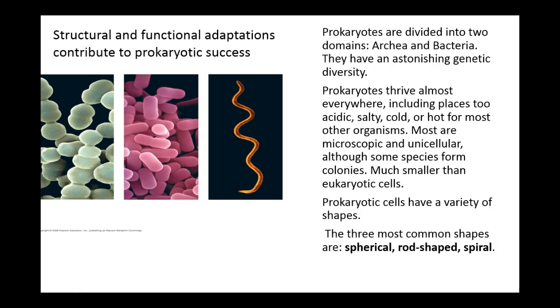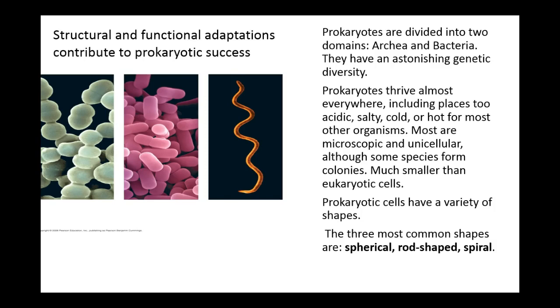And two major domains, archaea and bacterium, or bacteria. A difference between bacteria and bacterium is whether you're speaking plural or single. They have great diversity in terms of their genes, and in terms of those genes being expressed in what they look like. They thrive almost anywhere, as I said.